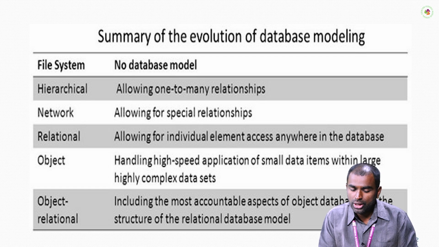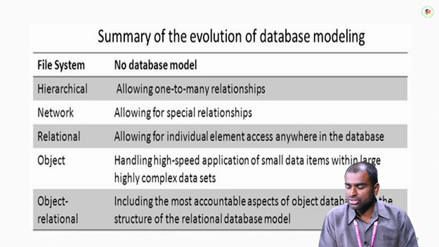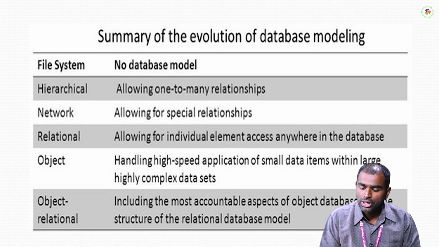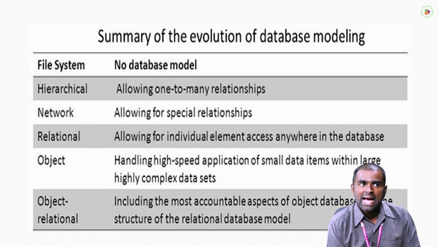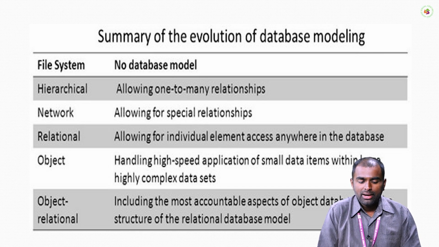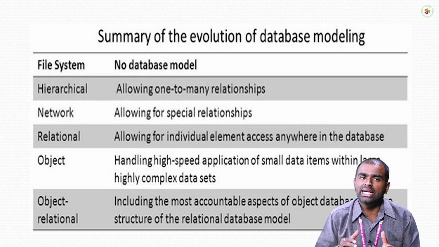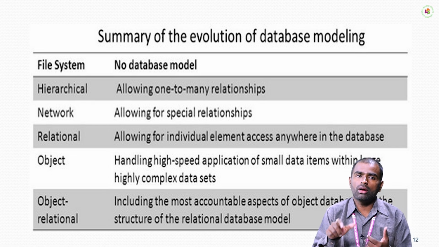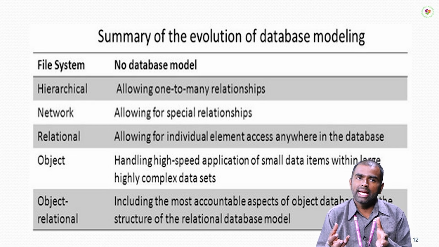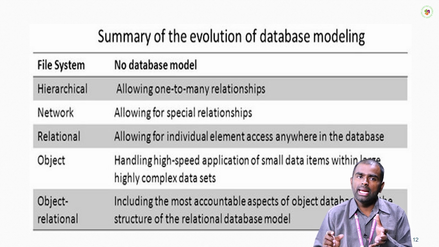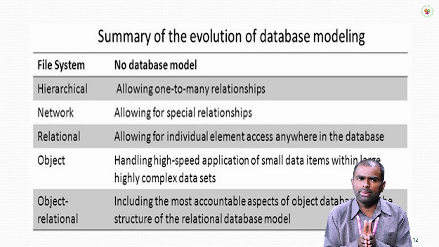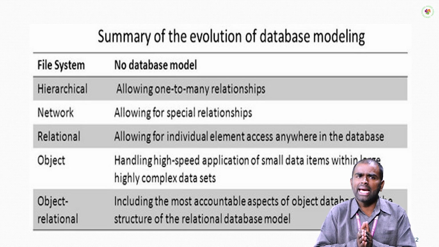Relational, allowing for individual element access anywhere in the database. From a table you can access any data. In the table you have the data in the form of rows and columns, and you can extract the data based on a condition on a particular value. For example, I need the students who have a CGPA more than 9.